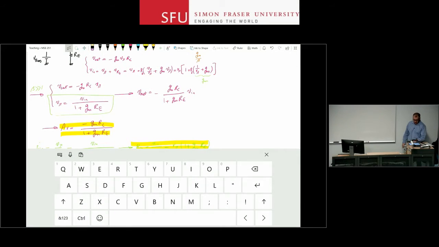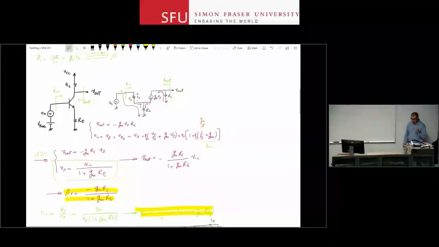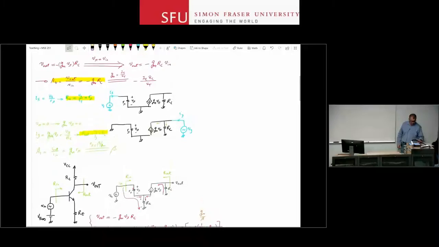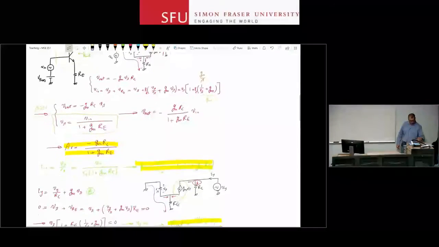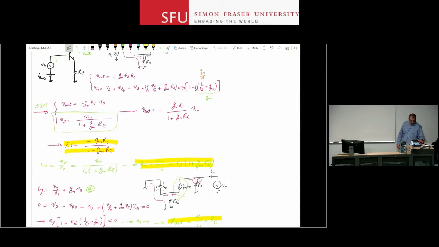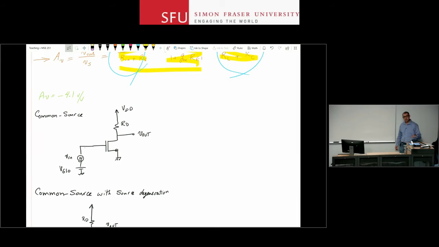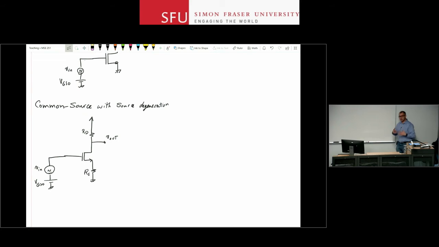For a common emitter stage with emitter degeneration, if I analyze that at the very beginning and just set RE to 0, you would get the results that you had here. They should basically be the same. If you set RE to 0, you're back to that circuit, and you can show it to yourself. Common source stage is going to be very similar. I'm going to solve the circuit that is a bit more complicated with the source degeneration already there, but you can set RS to 0 and get the basic common source stage.